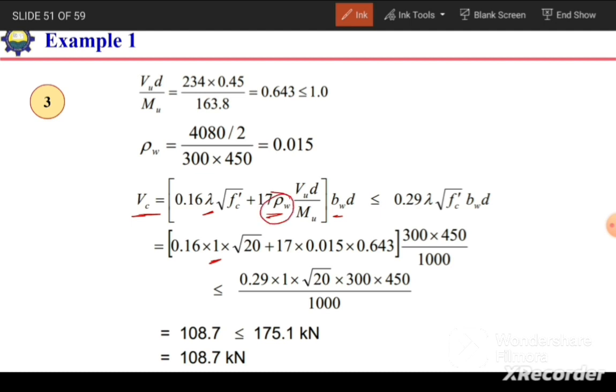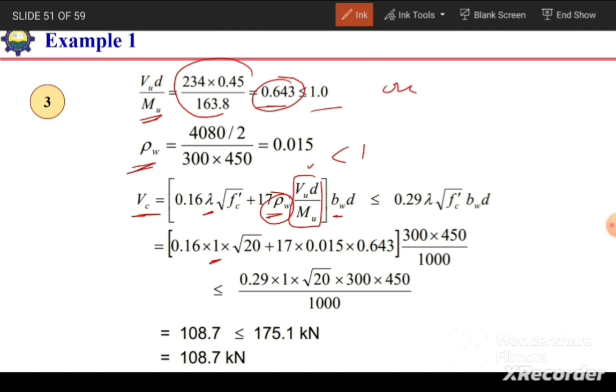This rho w is the ratio of longitudinal reinforcement at the section where we have calculated Vu and Mu, and this Vu d over Mu factor should be less than 1. So we can calculate this factor separately. By substituting the values, we get its value 0.643, which is less than 1, so it is okay. So we can use this value.